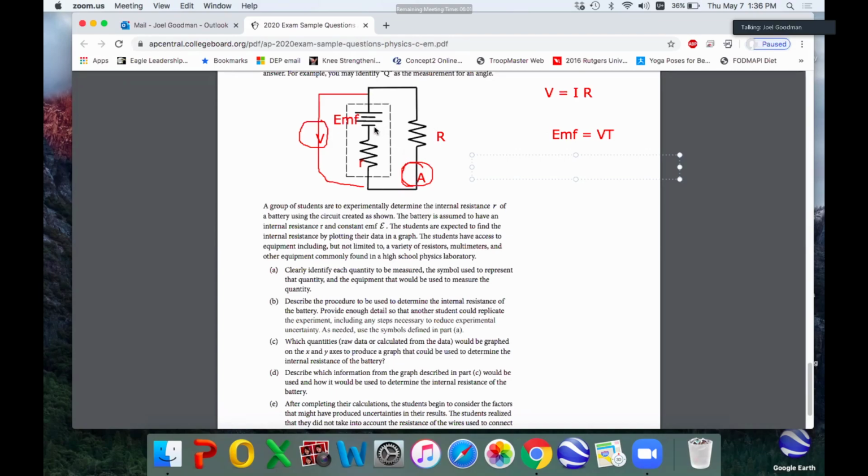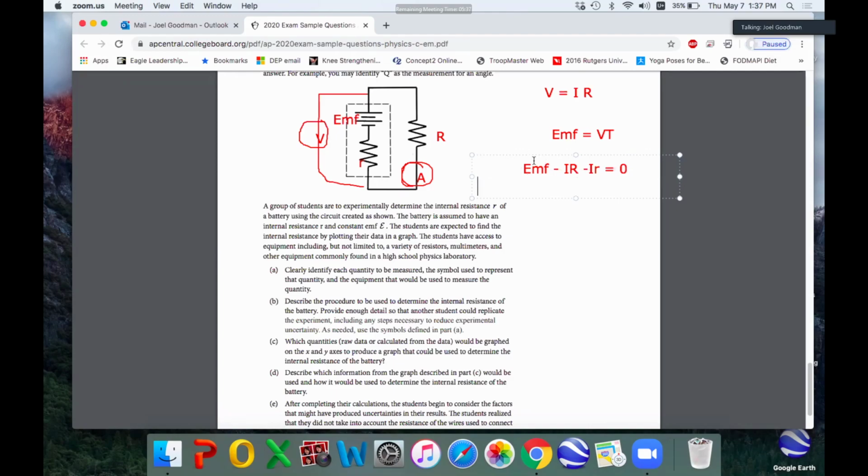So let's put in the EMF. Then the current's going to come out through here and go down here. I'm going to subtract I times capital R, right? Now I'm going to subtract I times little r. And that's going to be equal to 0.